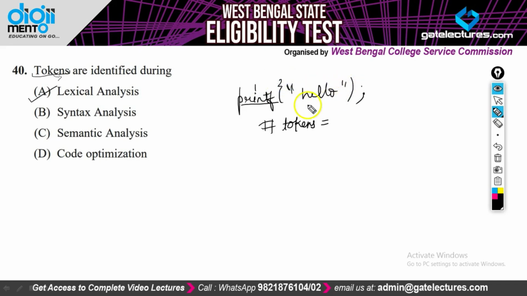Under these double quotes, everything is considered as 1. So it's 3, this closing brace is 4 and 5. So we have number of tokens as 5. Okay, so yeah, this is the answer. In lexical analysis phase, white spaces and comments are also removed, and also identifying tokens is done at this phase.